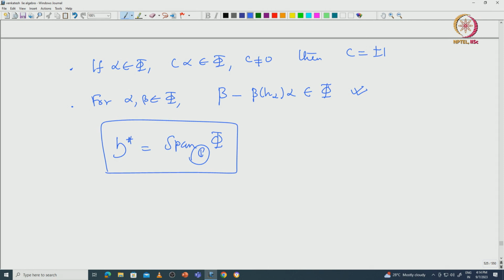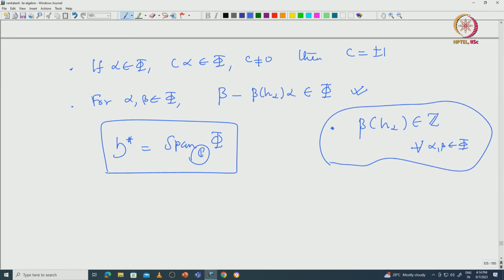For that purpose we will use the fact we also proved: beta of h alpha is an integer for all alpha, beta in phi. This is the fact that will be used to bring our ground field to real numbers. So, let us see how one does this.